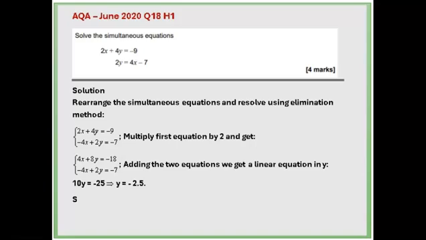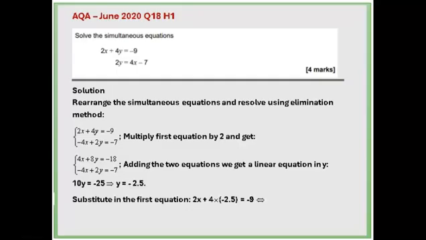Then it follows we can substitute this value, y equals minus 2.5, in one of the initial equations. I choose to place it in the first equation, and we get 2 times 2x plus 4 times minus 2.5 equals minus 9.